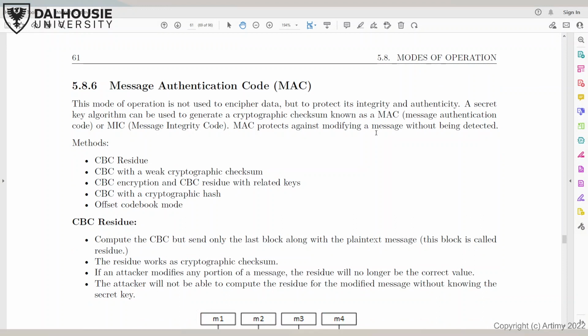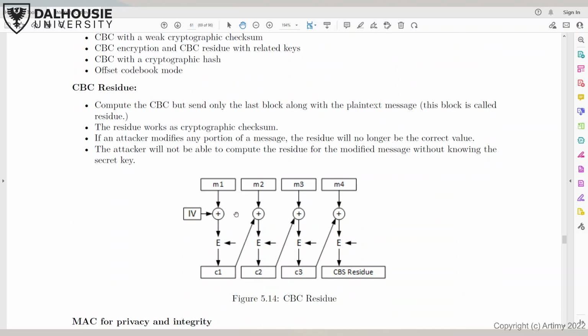We could use one of the earlier techniques, which is the CBC residue, to generate the checksum. So we know from the CBC residue that we can take the message, XOR it with the initial vector, and the result we encrypt it, and we'll do the same thing over and over. Right?